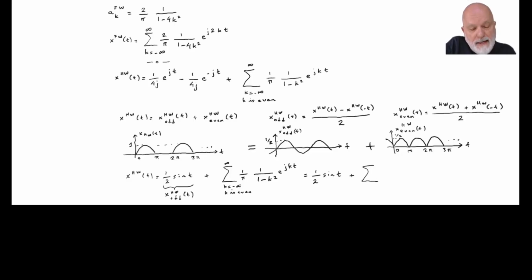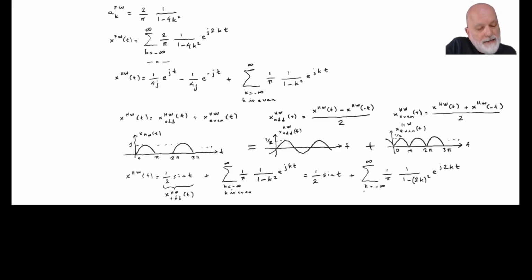Since k is running over only even values, we can run the series from minus infinity to plus infinity, but we replace k by 2k: 1 over 1 minus 2k squared, which is 4k squared, and also in the exponent of the complex exponential we have 2kt.